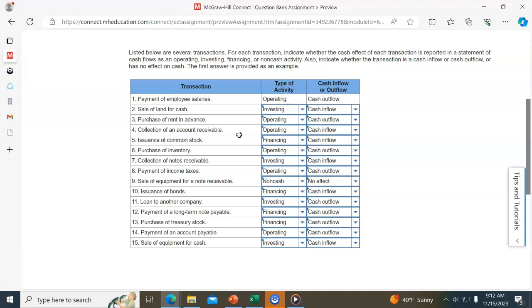Purchase of rent in advance. Think about it. The operating section involves current assets and current liabilities, right? Rent is just a necessary piece of the equation. Purchase of rent in advance, outflow.